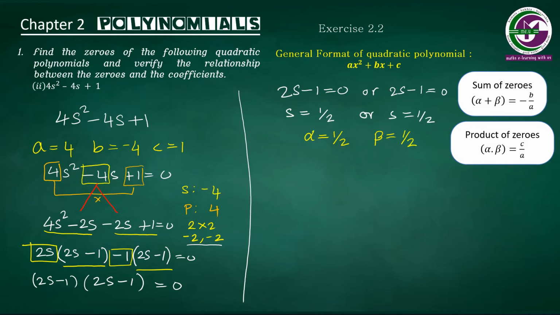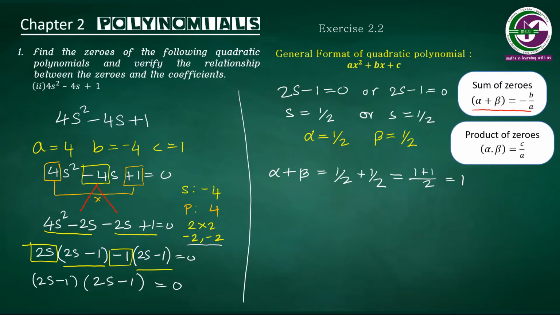Now we'll verify the relationship between the zeros and the coefficients. First we need to verify alpha plus beta equals minus b by a. Alpha plus beta equals 1 by 2 plus 1 by 2. We know that half plus half is 1.